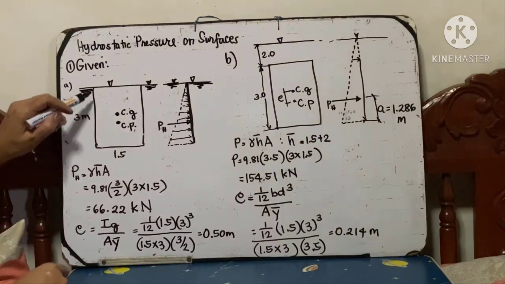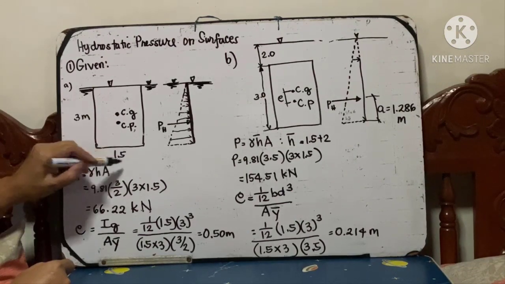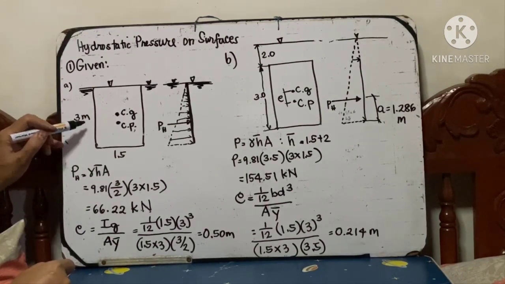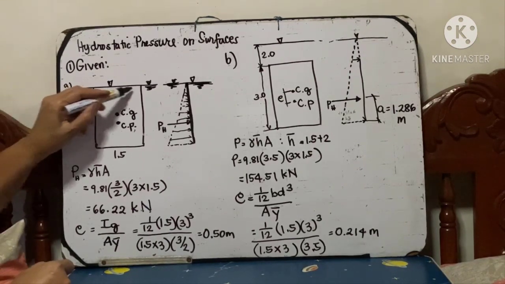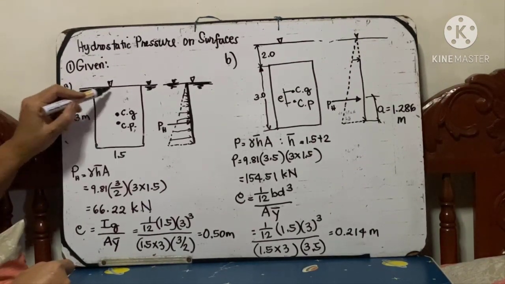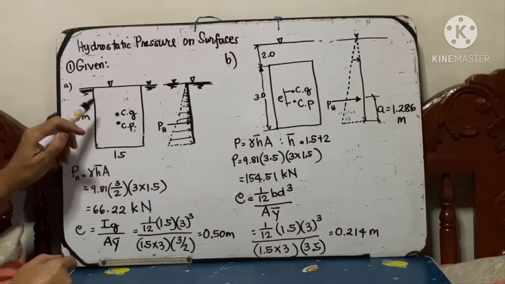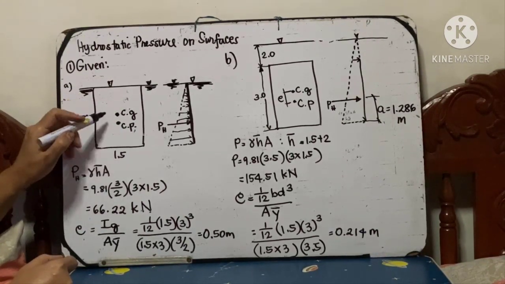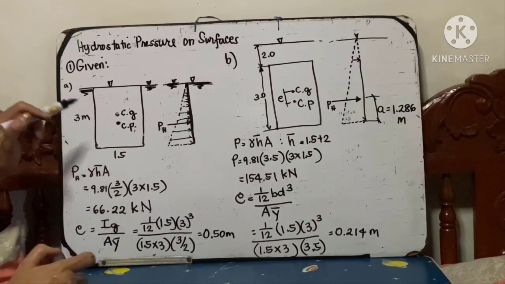You are shown here a plane surface, a rectangular plane surface, 1.5 by 3 ang kanyang dimension. And the topmost part of this object is just flush at the water surface. Kung ang plane surface na ito, alam naman natin yung tinatawag na centroid o kaya ay center of gravity.